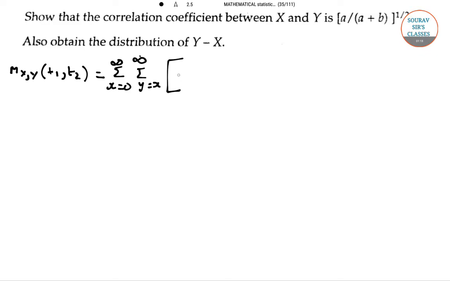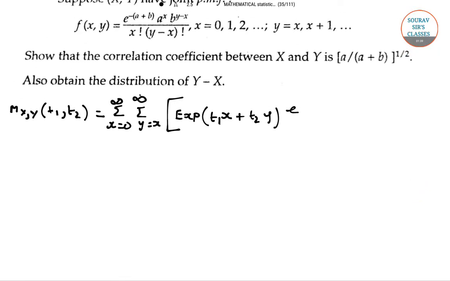Now we can also write the expectation of e to the power (t1 x plus t2 y), multiplied with the given thing, that is, the PMF, e to the power minus (a plus b), a to the power x, b to the power y minus x, divided by x factorial and y minus x factorial. So we can write it this way.